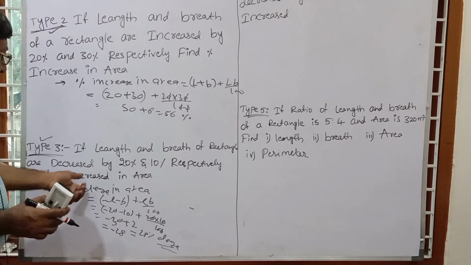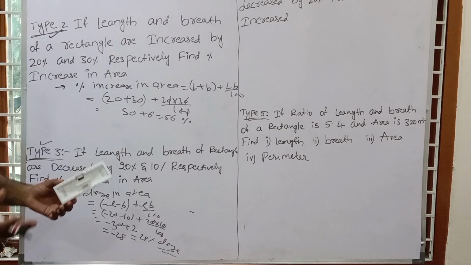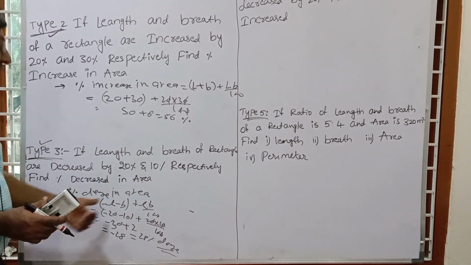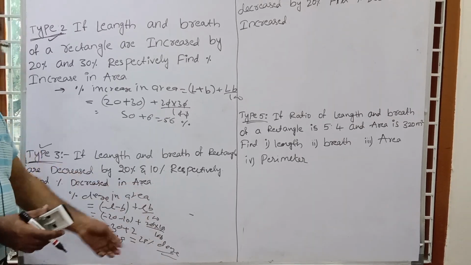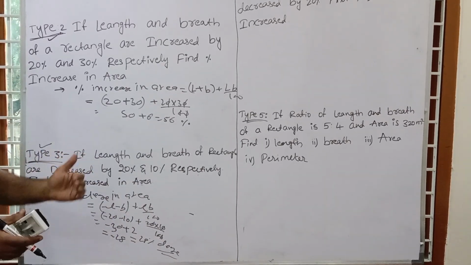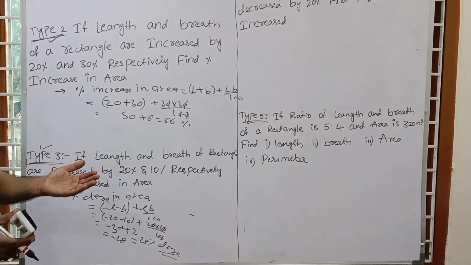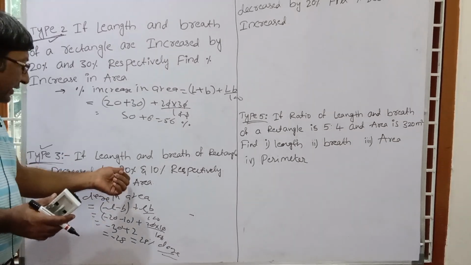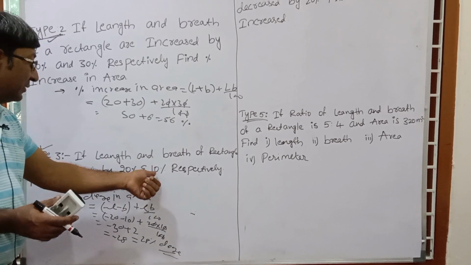For the same question, length and breadth of a rectangle are decreased by 20% and 10%, then find the decrease in area. The technique is the same: percentage decrease in area is minus L minus B plus LB by 100. L is the percentage decrease in length, B is the percentage decrease in breadth. So here the percentage decrease in length is 20 and the percentage decrease in breadth is 10.